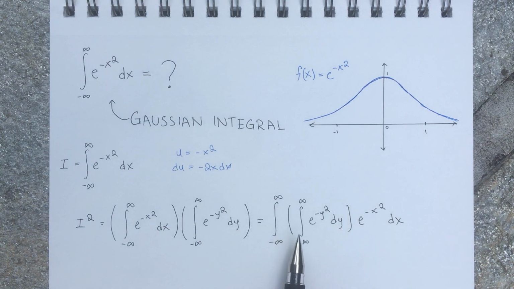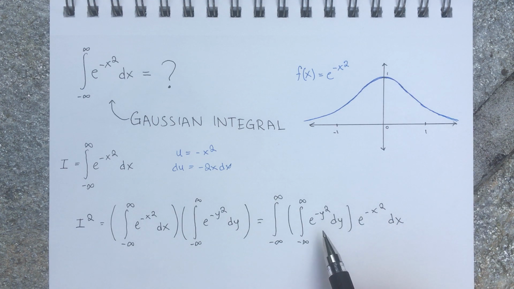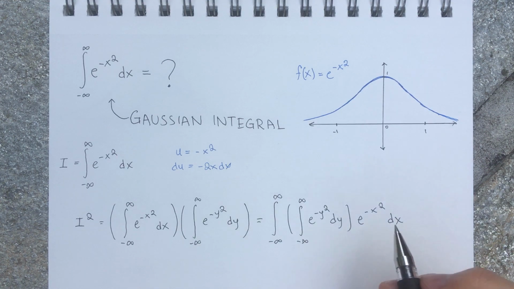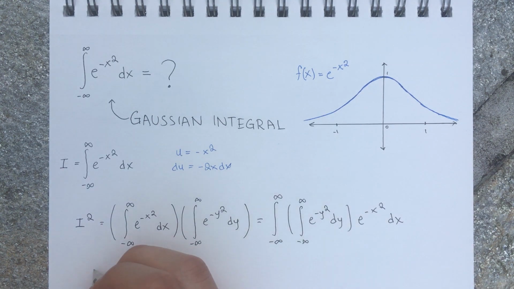And now, if we look, we see that e to the minus x squared has no y values inside it. It's not in terms of y, it's in terms of x. So it's really just a constant as we're integrating dy. So we can actually move this inside this integral right here.